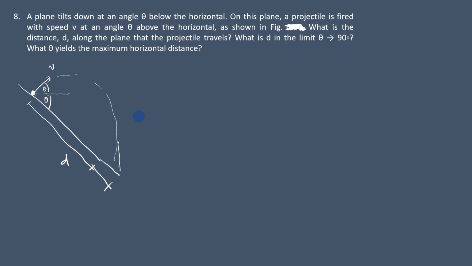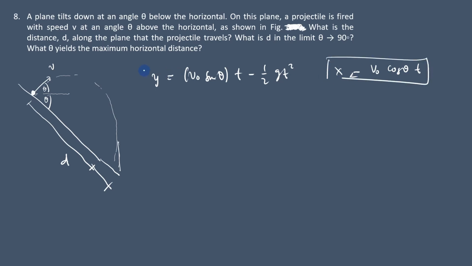The coordinates of the projectile are, so we can write y as a function of t: y equals v0 sin theta times t minus 1/2 g t squared. And the coordinate x equals v0 cos theta times t. This is the coordinates of the projectile, the values of x and y.